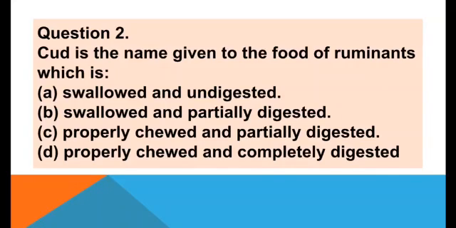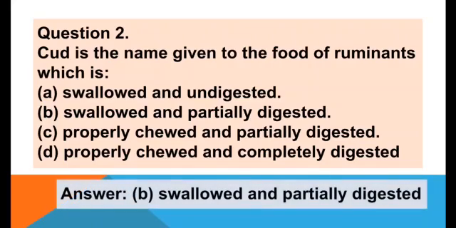So here you have to tell what the cud is. Think wisely and tell me the answer. So cud is the name given to the food of a ruminant which is swallowed and partially digested. Answer B will be the correct answer.